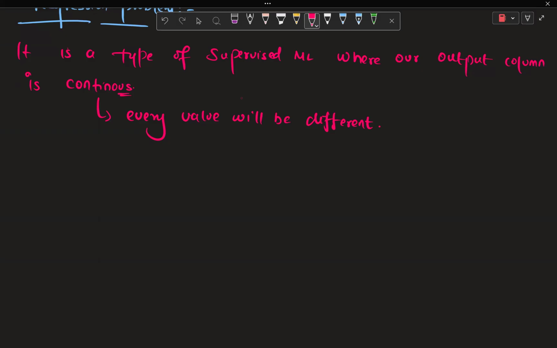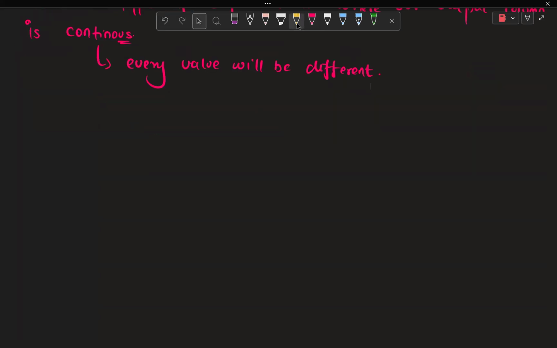Guys, any example for continuous data? It's like a changing. Just like medical records, continuously we are getting medical records. Correct.